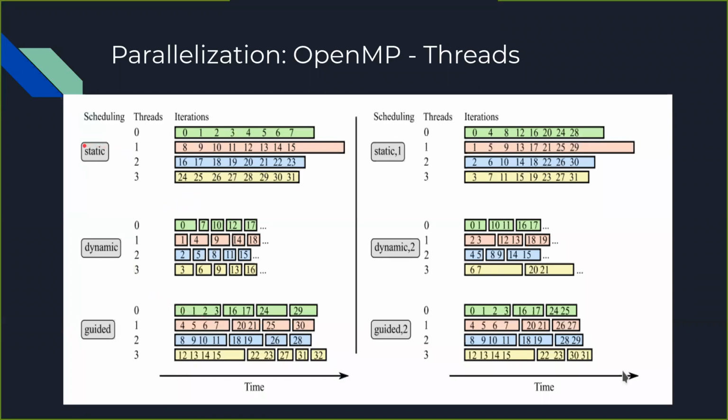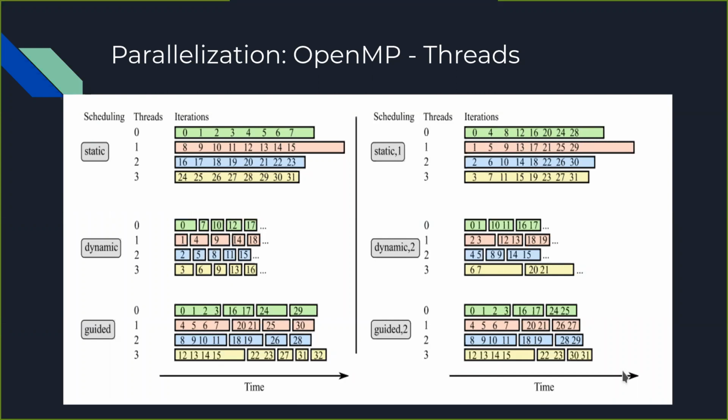Okay, so in static, the allocation is pretty dumb. Dynamic and in guided, if a single thread is taking a long time to complete, it will be assigned less data on completion as compared to its current run.